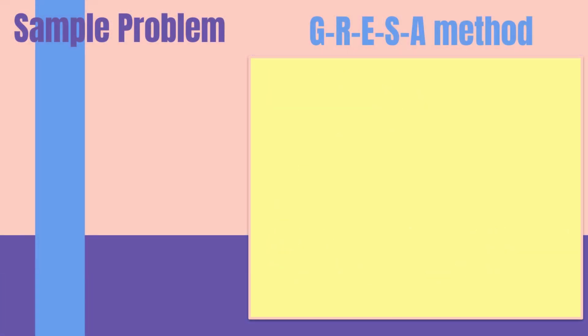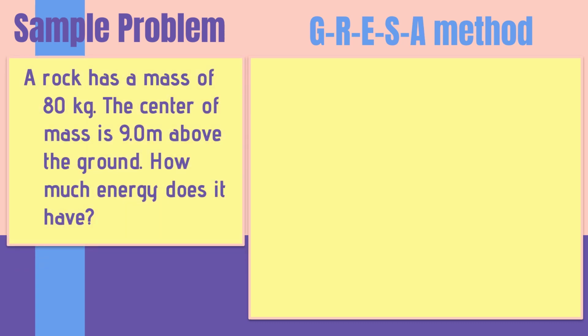Another problem. A rock has a mass of 80 kilograms. The center of mass is 90 meters above the ground. How much energy does it have? So again, we are going to use the GRESA method in order for us to solve the problem.